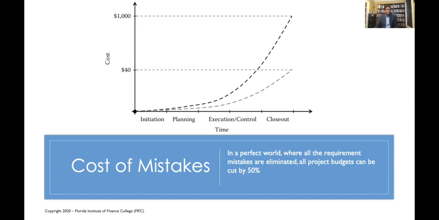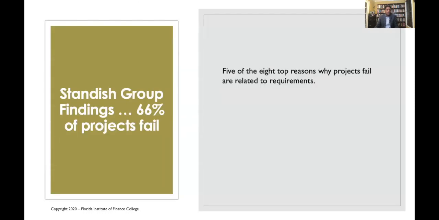In the Chaos Report, they surveyed close to 40,000 project managers and project owners, and they found that not being able to do scope management properly is costing projects in a big way. The Standish Group's finding at some point said that 66% of projects fail. It means almost 2 in 3 projects fail.